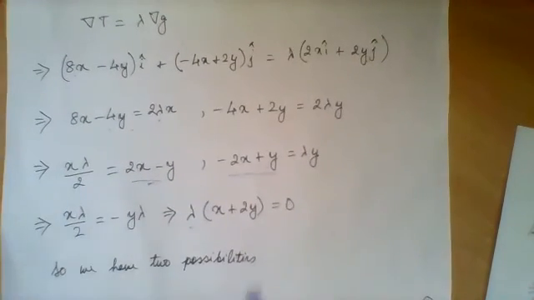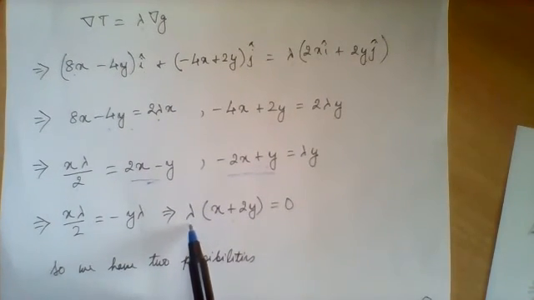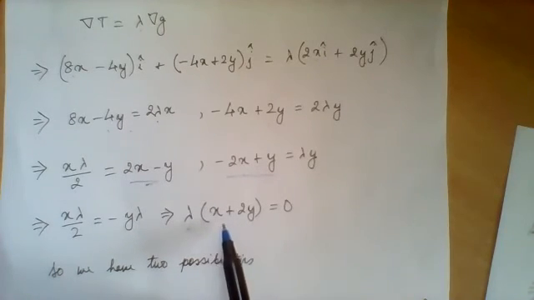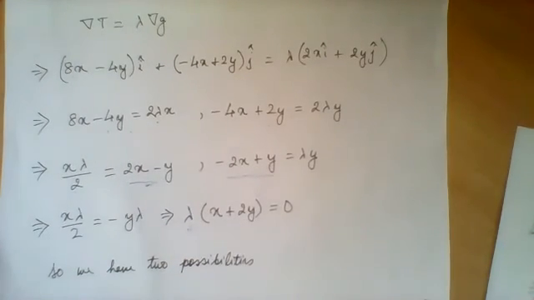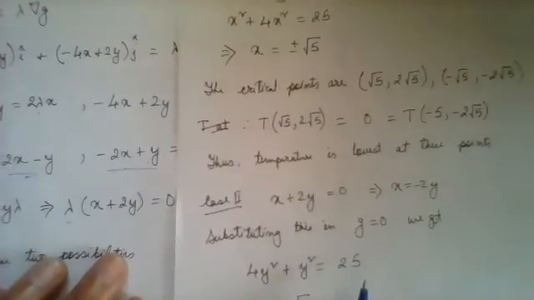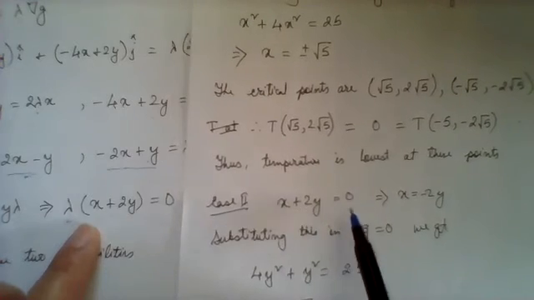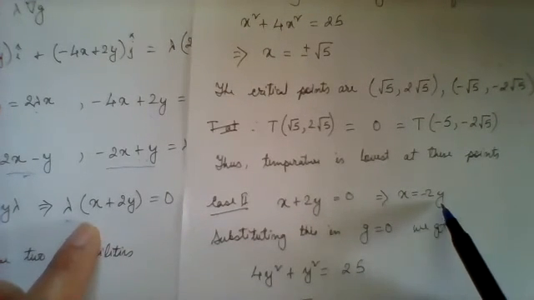What was the equation? Either lambda was 0 or this was 0. So let us consider the second case. Case number 2 is x plus 2y equal to 0. This means x equal to minus 2y.